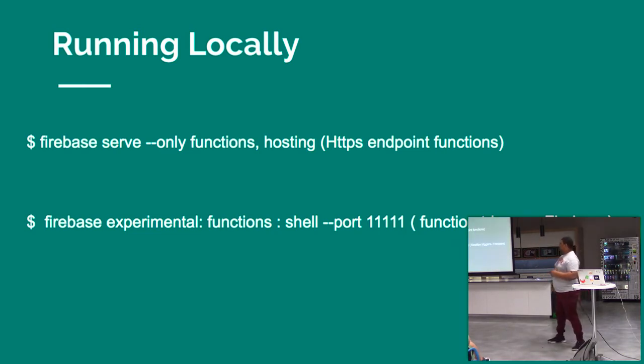But with Firebase, I know that you can actually serve them locally, which is quite cool. So you can just test them in your browser quickly, which makes for more productivity. I should take out experimental. I don't think it's in experimental anymore, but that line of code still works.